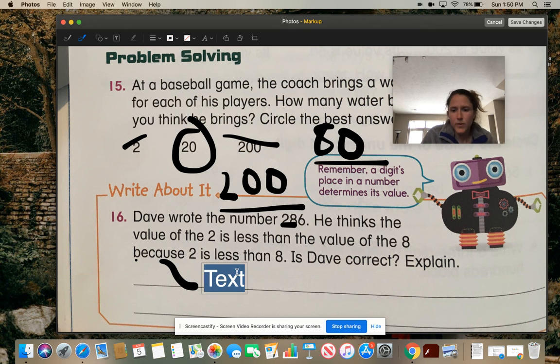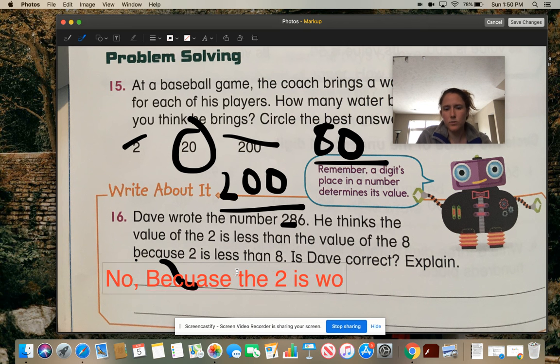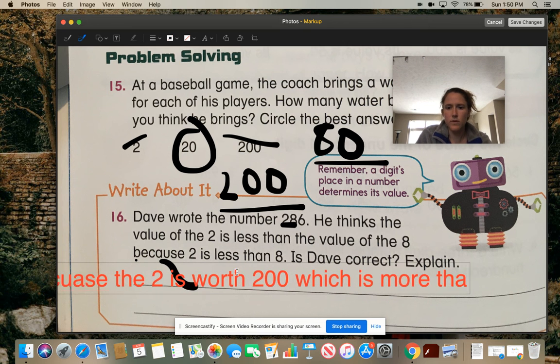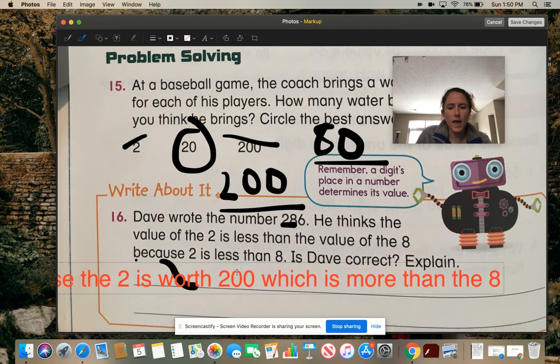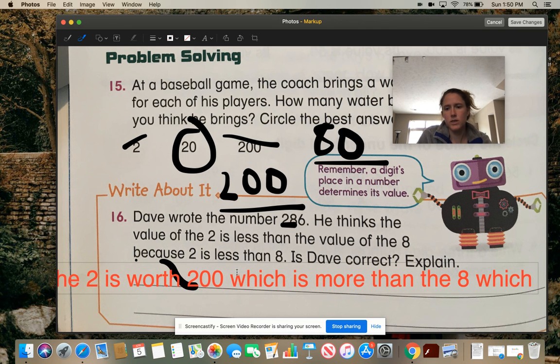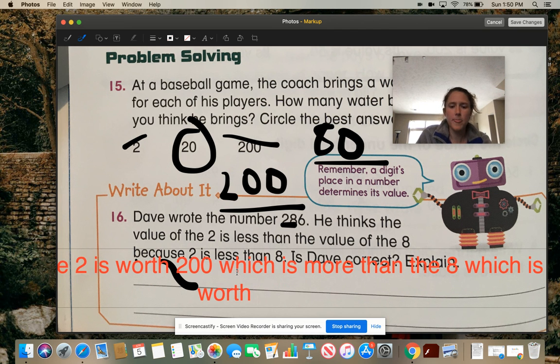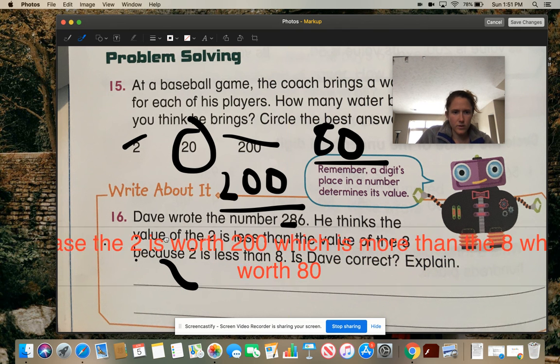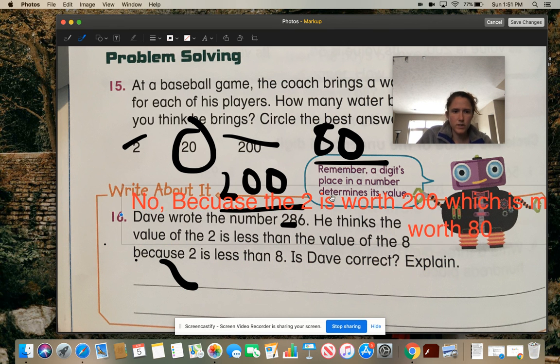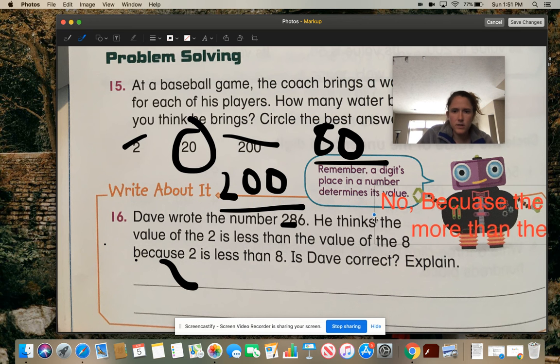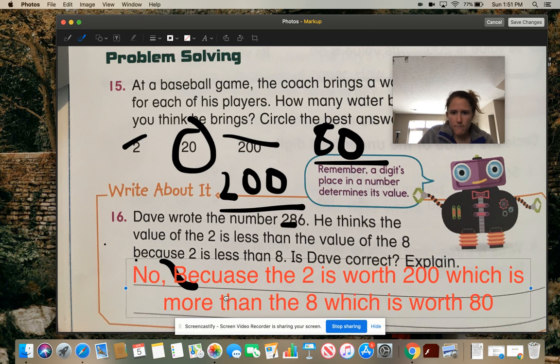Okay, here we go. So is Dave correct? No, because the 2 is worth 200, which is more than the 8, which is worth 80. Right? So let me squeeze this box to be smaller so that you guys can see the whole thing. There.